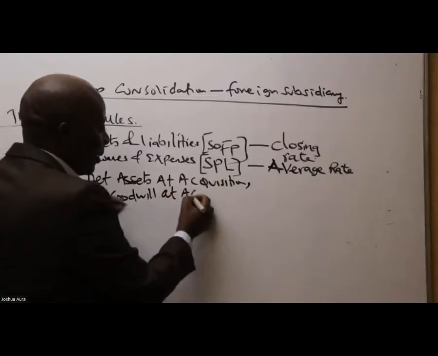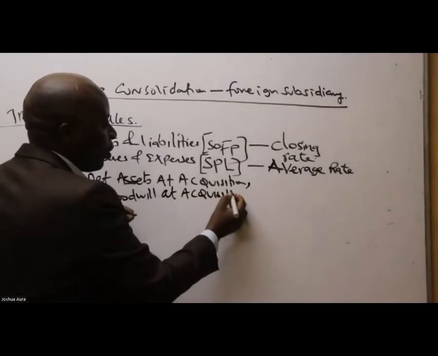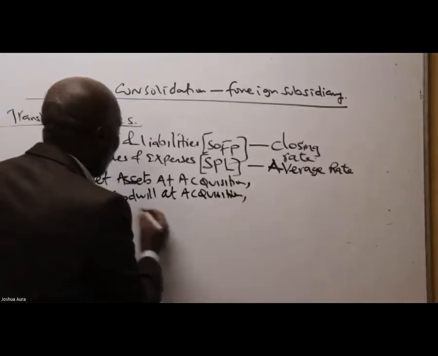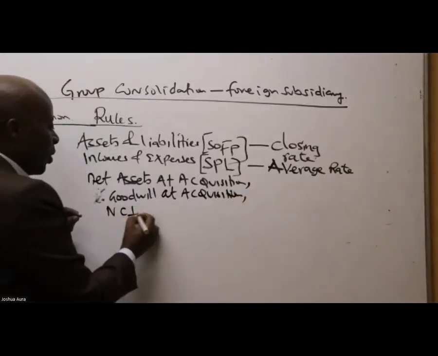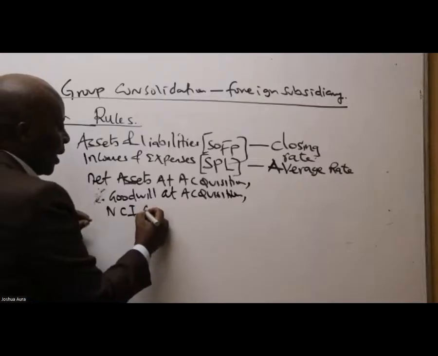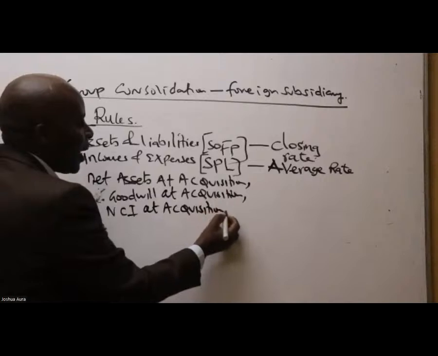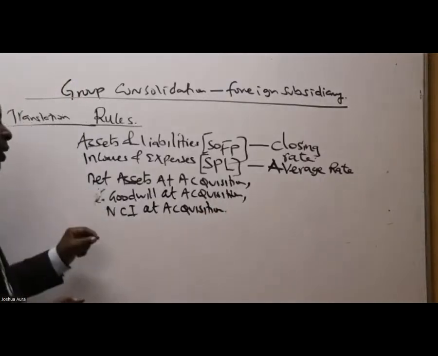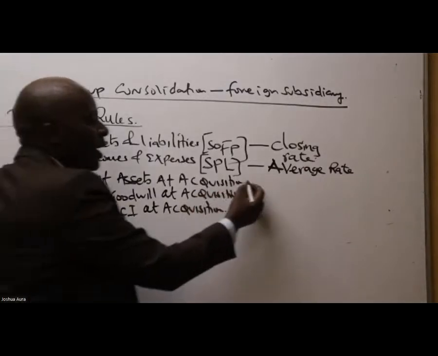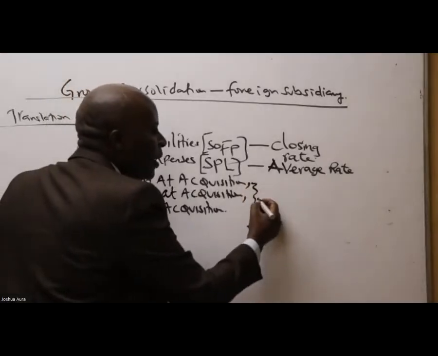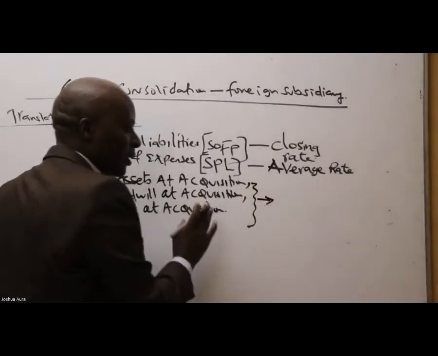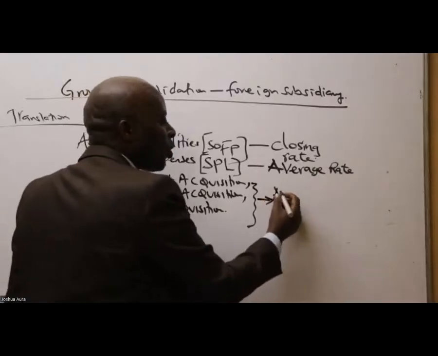I want to keep on insisting on this. Goodwill at acquisition. Talk of NCI at acquisition. Anything that this examiner is using the words at acquisition, everything here, we shall be translating using the acquisition rate.